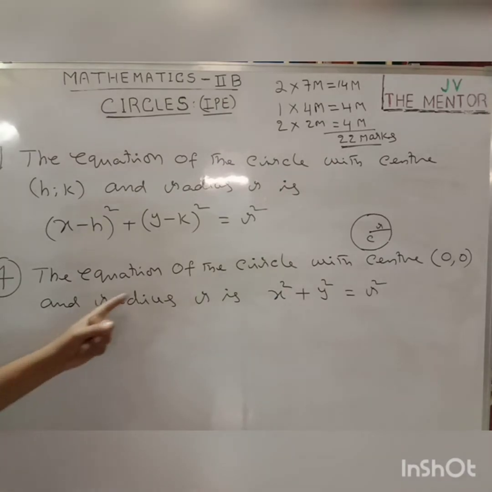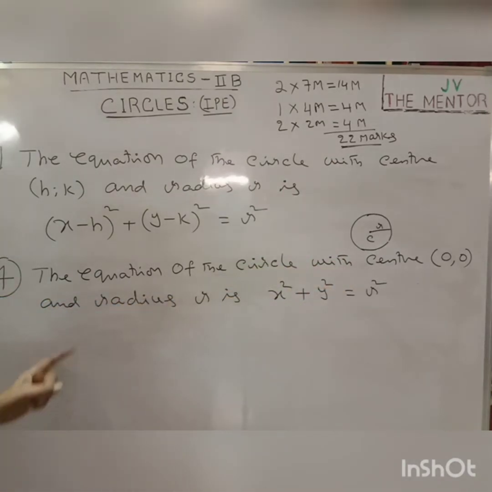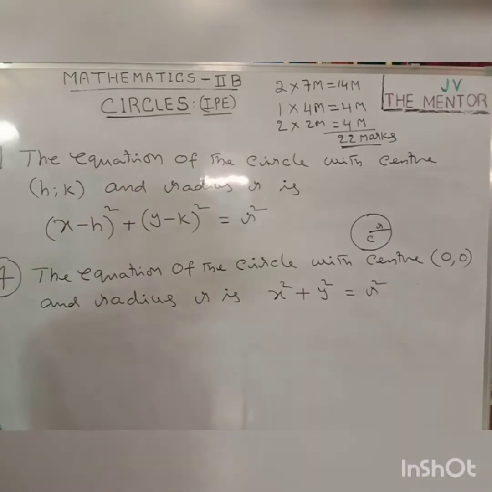Okay, the equation of the circle with the center at the origin and radius r is x square plus y square equal to r square.